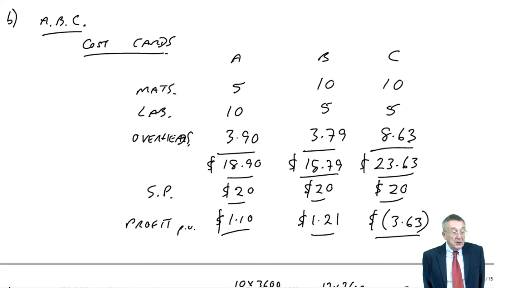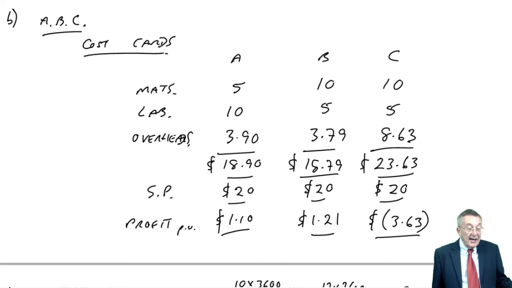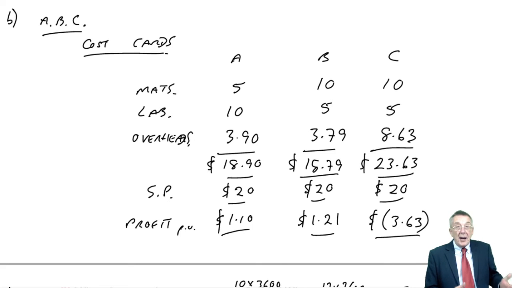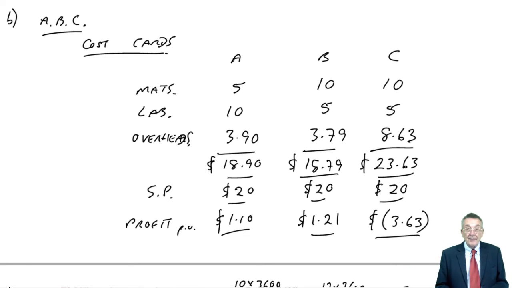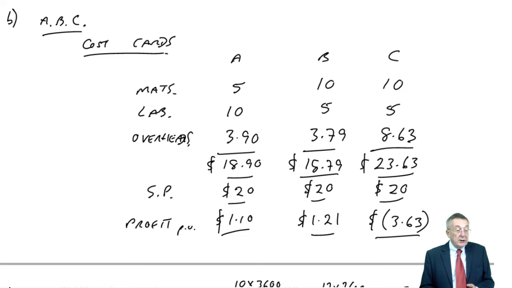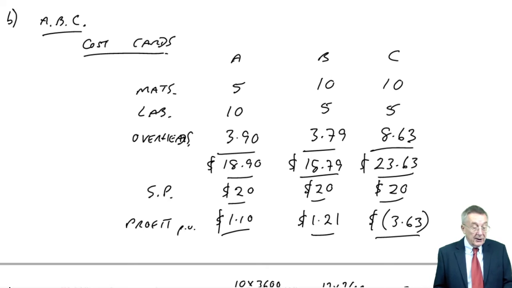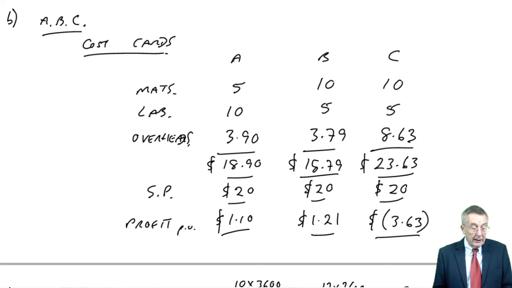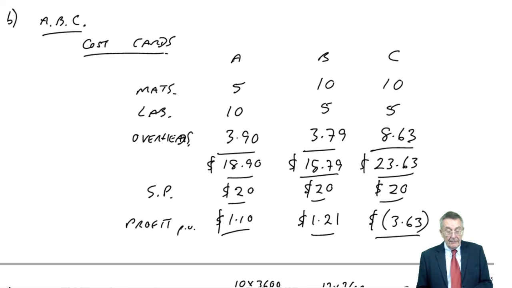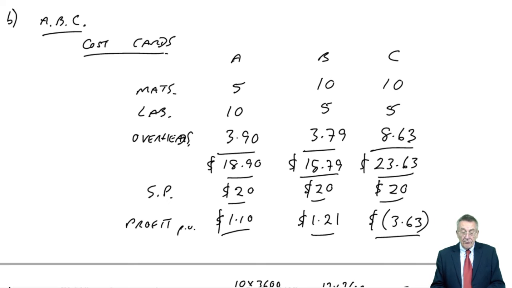I said I wasn't going to read the notes to you, and I must stop doing this, but it says there, it doesn't increase in relation to the batches or the units, but they're needed to support the product, things like the design costs. And finally, facility level costs, which you can't really trace to production, such as admin costs, which don't relate directly to the units produced, the batches produced, or whatever.